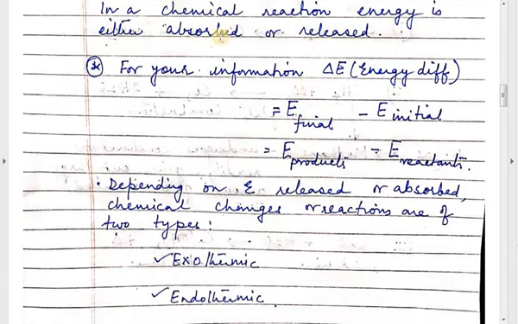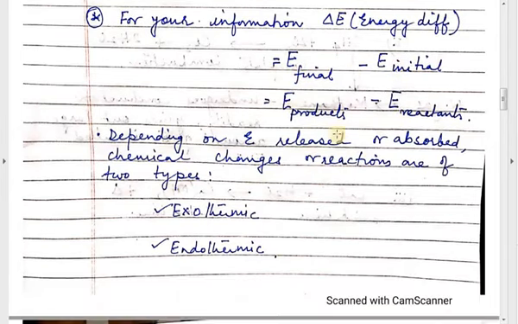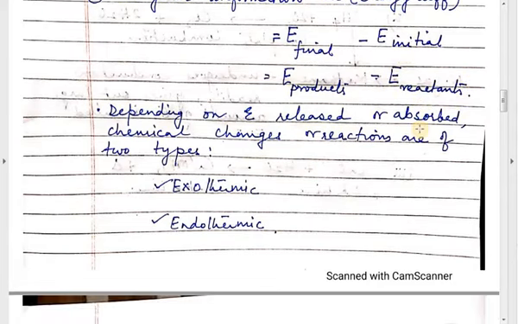Now this part is not there in your book, but for your understanding I have added this. Energy difference, if it is given as delta E, is equal to final energy minus initial energy. Now what is this? Energy associated with the product formation minus energy associated with the breaking of reactants.